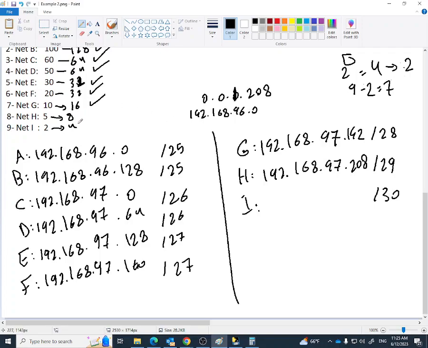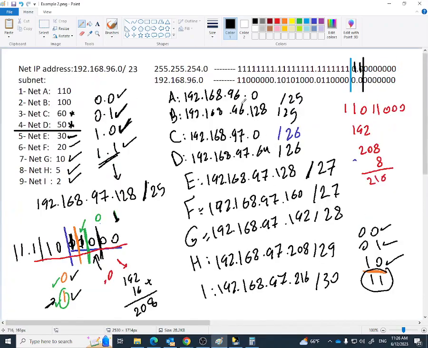So what I have to do here, I need to add 8 to the value that I have here. So I'm going to end up having 216. And you add them together, you get 192, 168, 97, 216, and I believe this is exactly the same result that we got from the previous example here.